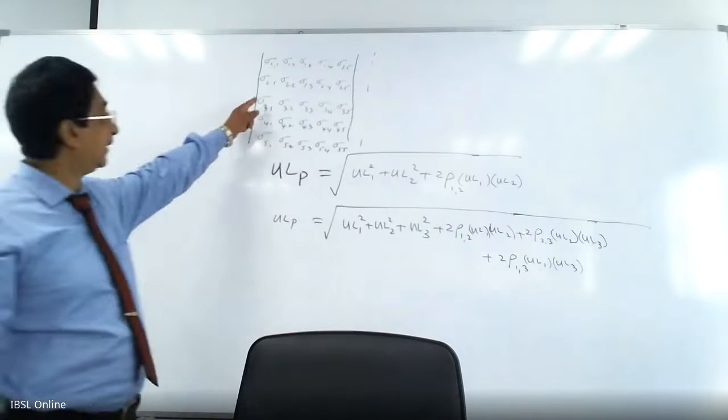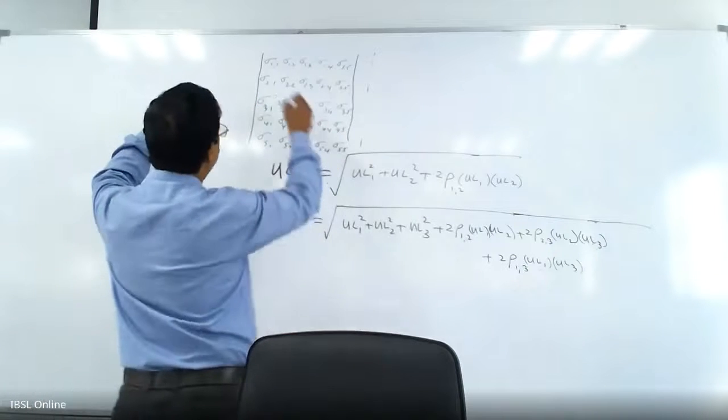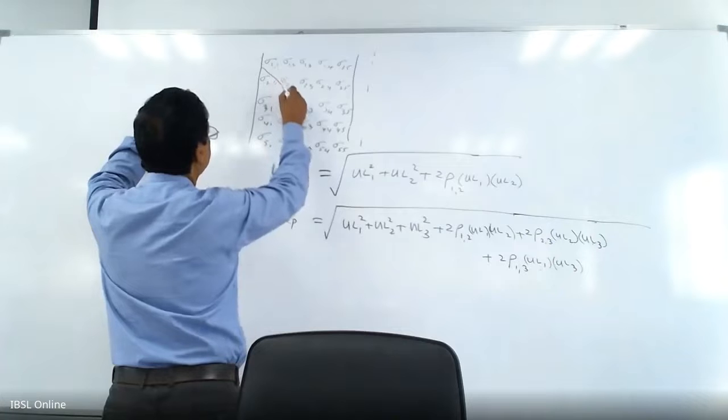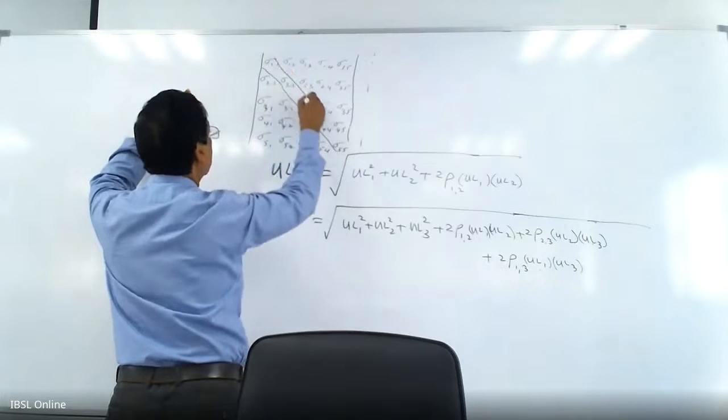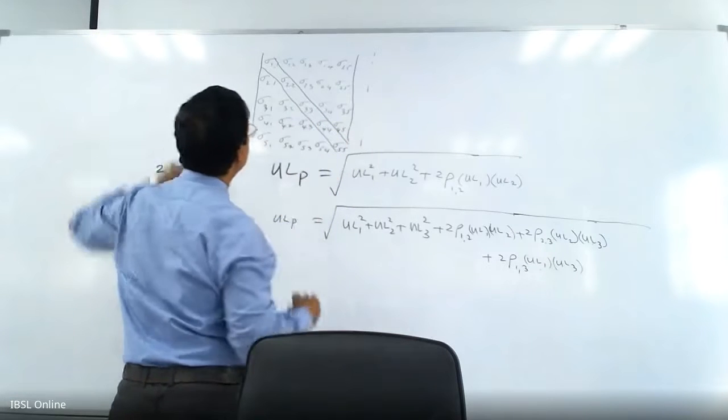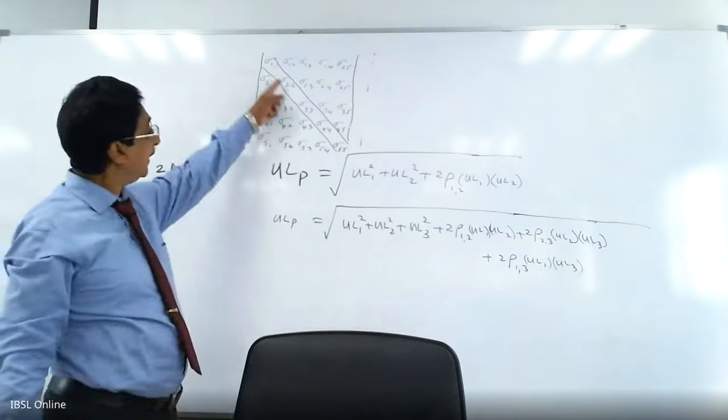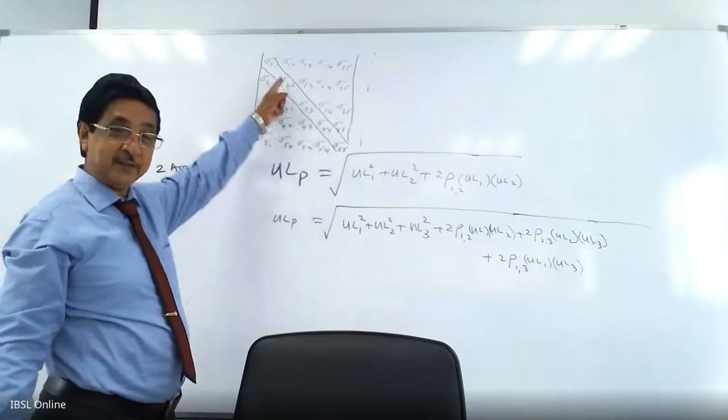Now you just look at it. You have a diagonal here, and this represents variance.